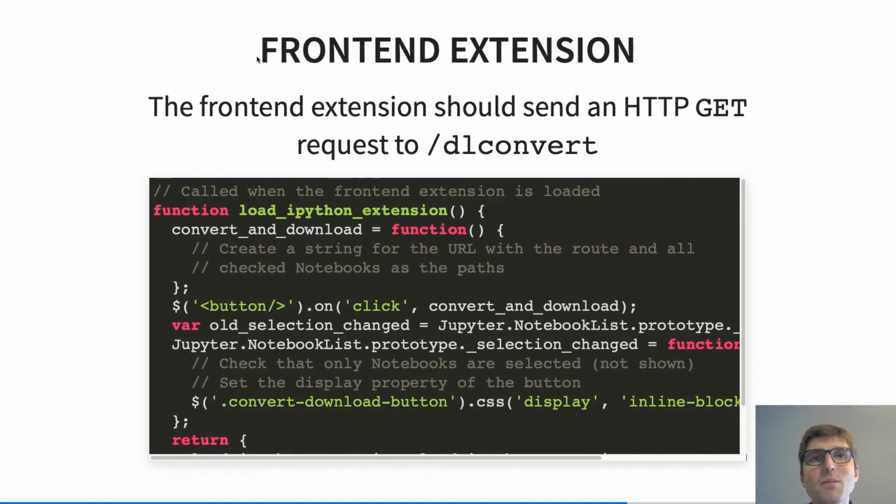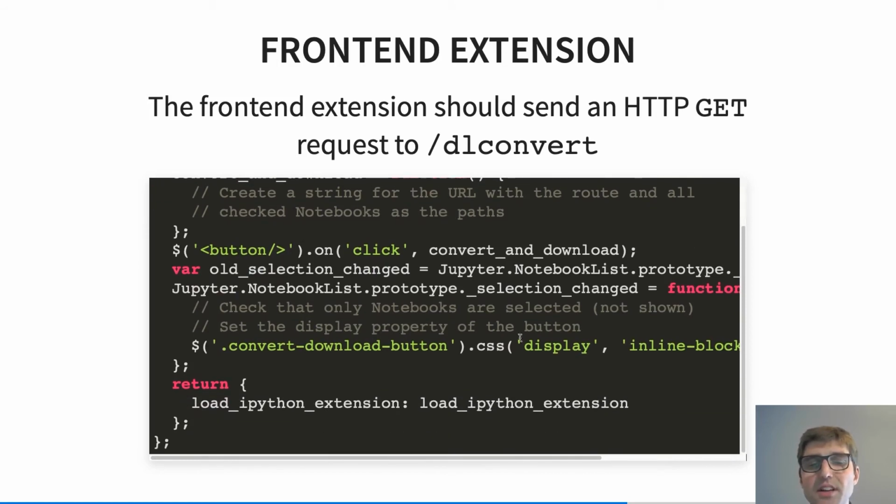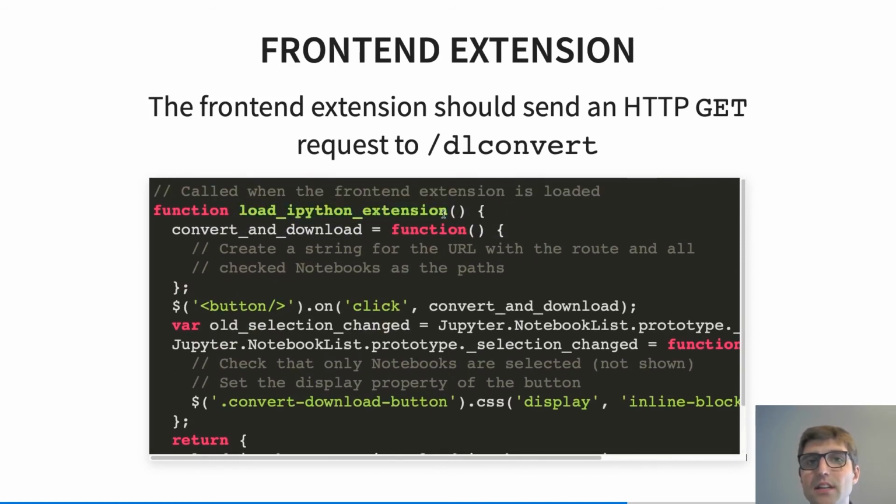Then we need to implement the front-end extension, which is actually what ends up sending the HTTP GET request to dlconvert. This has to implement the load_ipython_extension JavaScript function, and this has to be the outer function, which we actually return here, because this is what the Jupyter Notebook is going to look for when it loads this extension. Inside this function, we can pretty much do whatever we want in terms of writing JavaScript.